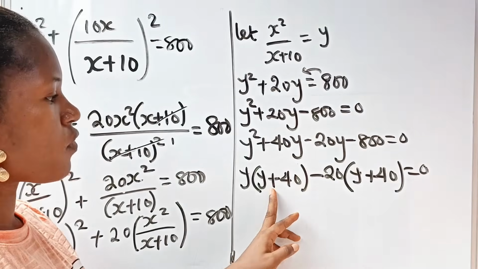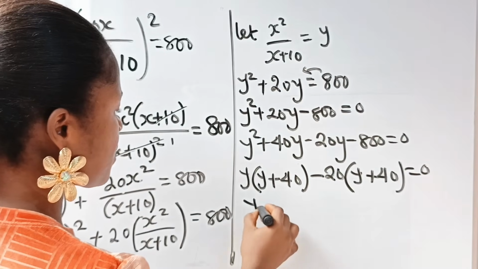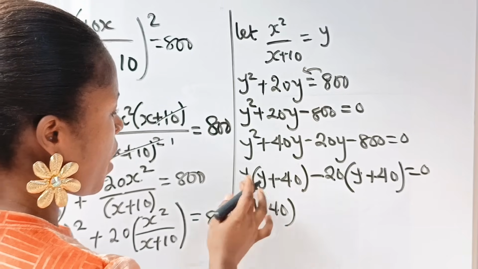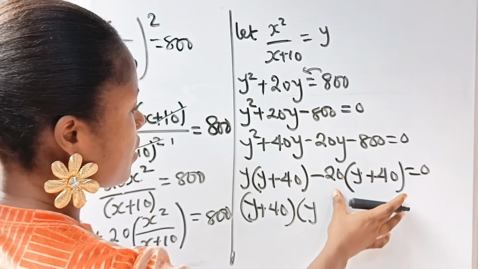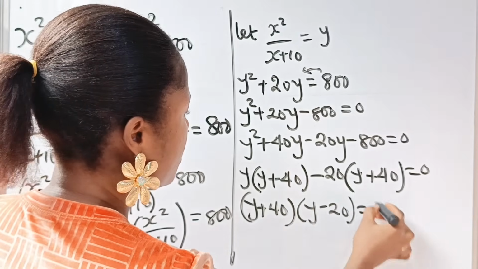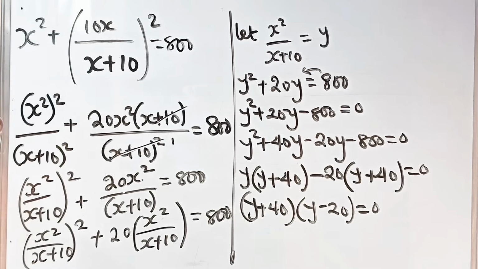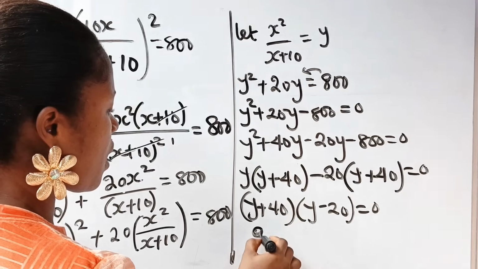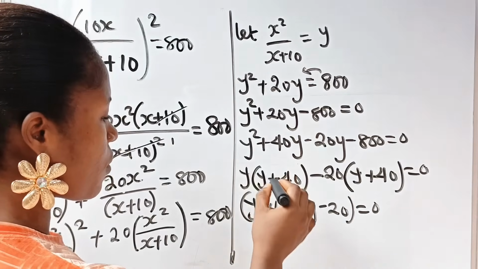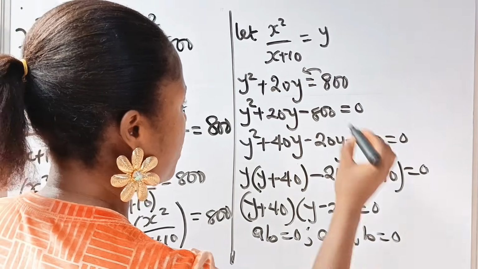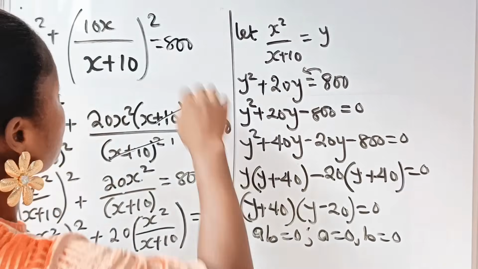So they have y plus 40 in common. We factorize that out. This divided by this, y will remain. And this divided by this, minus 20 will remain. Is equal to 0. Now, at this point, remember that when you say a multiplied by b is equal to 0, it simply means that either a is equal to 0 or b is equal to 0.